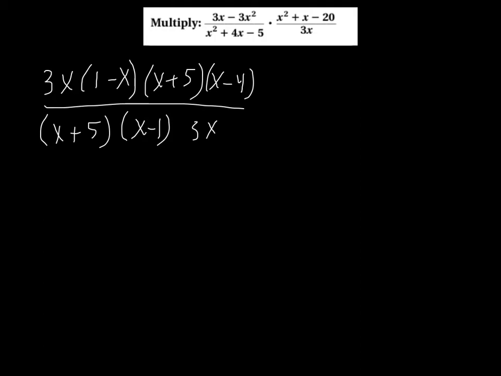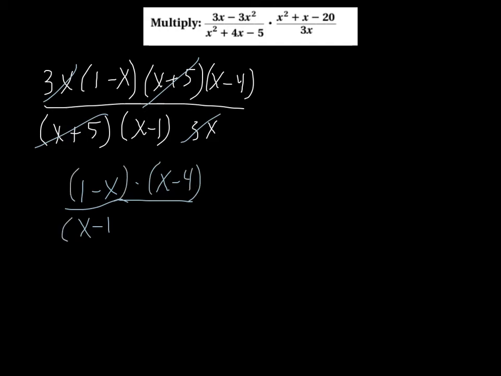Now let's start seeing what we could cancel out. The 3x cancels the 3x, the x plus 5 cancels the x plus 5, and what we're left with is 1 minus x over x minus 1 and x minus 4 up on the top here. Well, wouldn't it be nice if the x was negative and the 1 was positive?